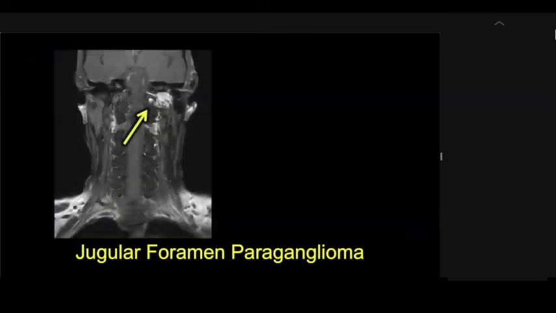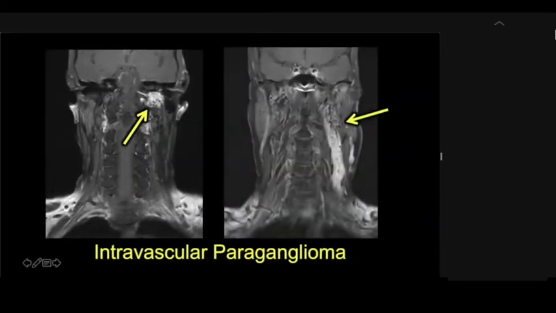The corresponding MRI showed avid contrast enhancement, and we can see here these dark tubular structures within it correlating with vascular flow voids. There are also areas of intrinsic T1 signal hyperintensity correlating with small foci of hemorrhage, and together these two constitute the so-called salt and pepper appearance, which is a fairly common finding with these tumors.